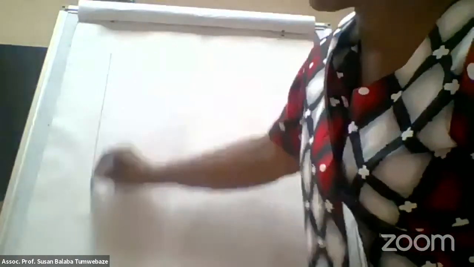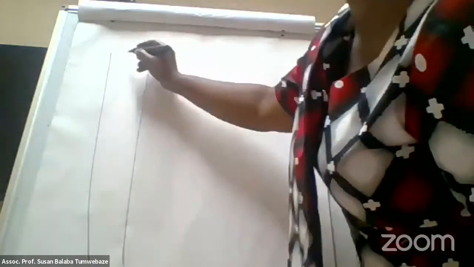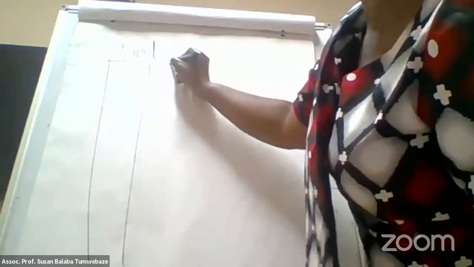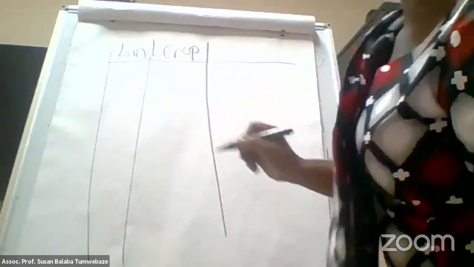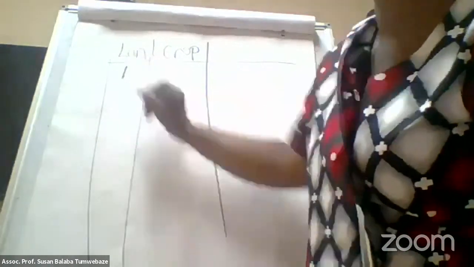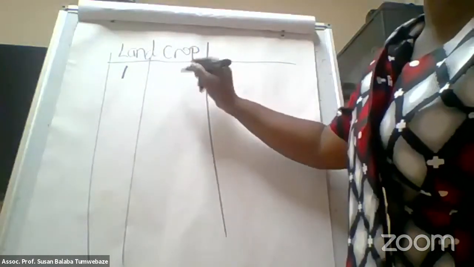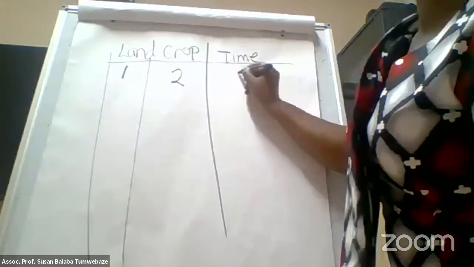So for variable 1, this is land as our variable. And maybe we have crop as the second one. If the person says no land, land was coded 1. But if they also said crop, you also put 2. And if they didn't say time, we leave it as 0.